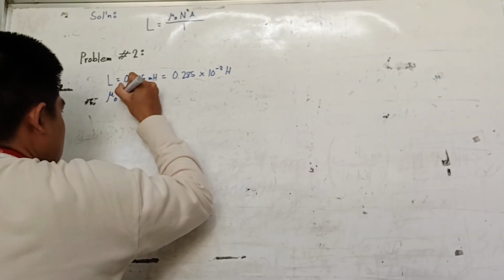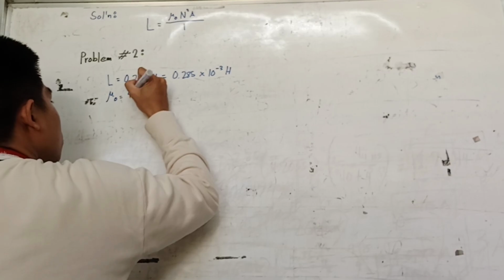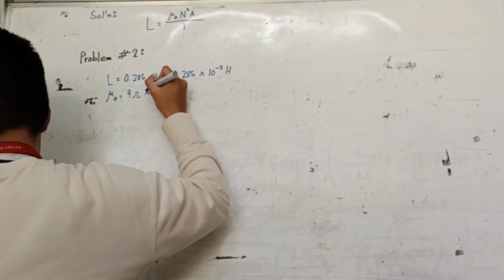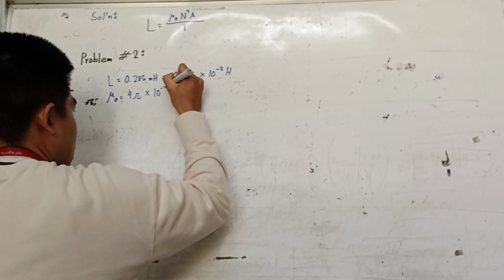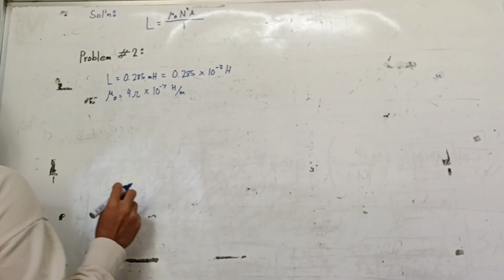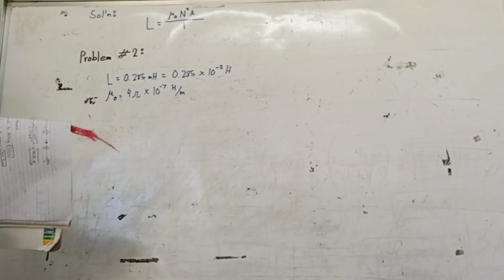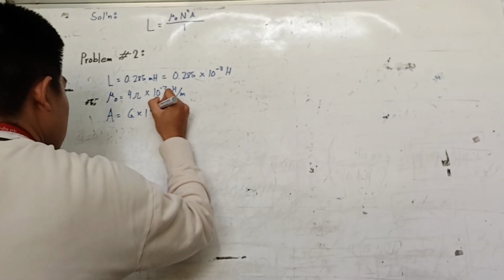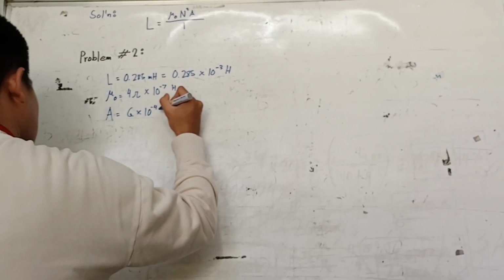Mu sub-0 is equal to 4 pi times 10 to the negative 7 henries per meter, because it's a solenoid. That is our mu. Area is equal to 6 times 10 to the negative 4 power square meters.